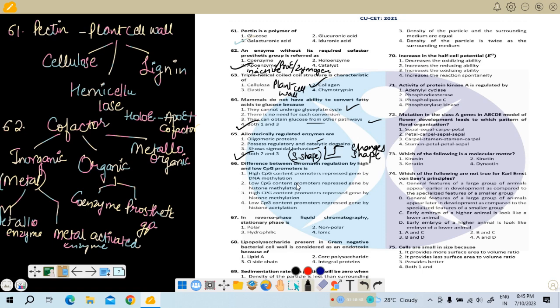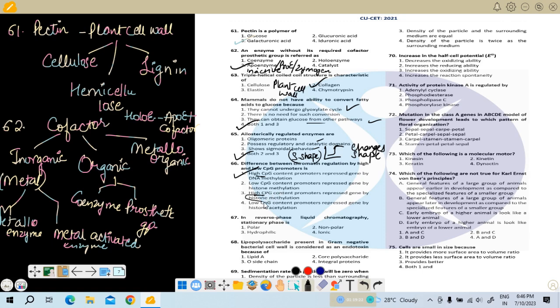66, difference between chromatin regulation by high and low CpG promoters is. High CpG content of promoters, this is from DNA methylation. High CpG content promoters repress gene by DNA methylation. Now another, high CpG promoters repressed by histone methylation.